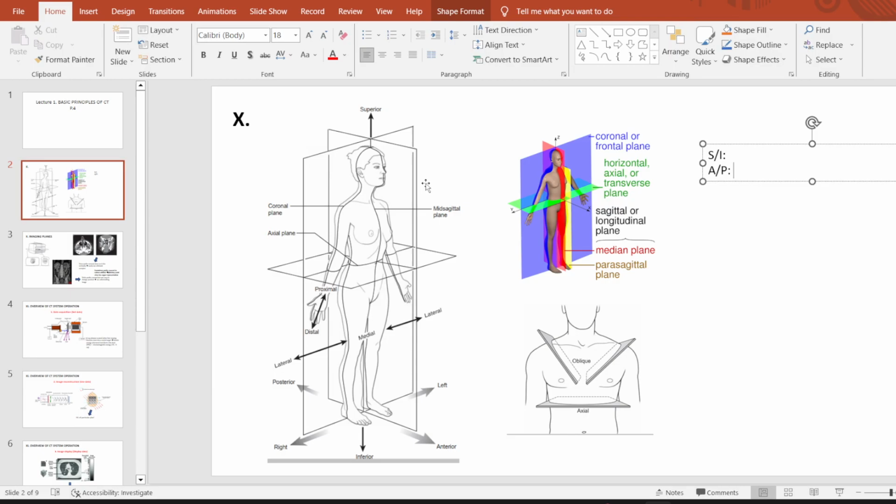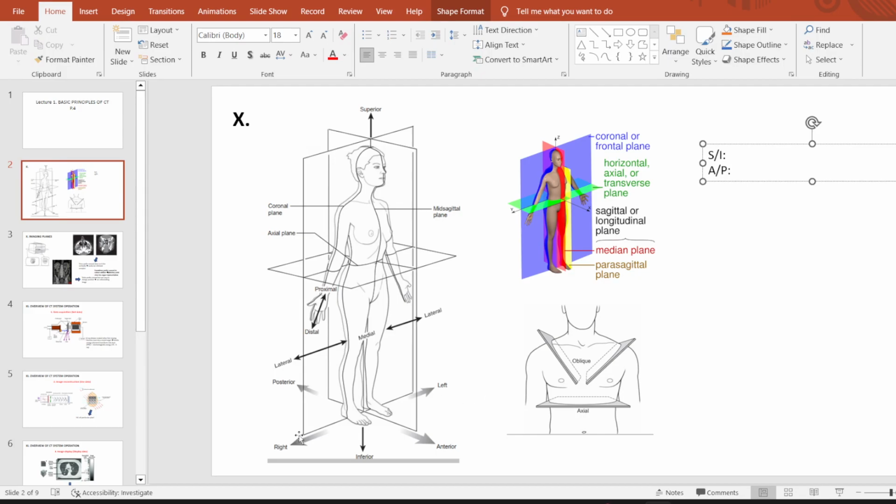And what is posterior? Posterior refers to the movement toward the back surface. Here, this is our back surface. Toward means you want to go away as far as possible from our back surface. So posterior. Well, that's AP, anterior and posterior.